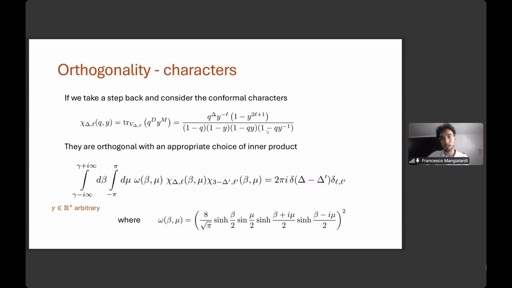Why is this instructive for us? Because one can explicitly check that the conformal characters are orthogonal in the beta and mu space if we choose an appropriate inner product, which is of this form here, and the measure is of this quite simple form here.